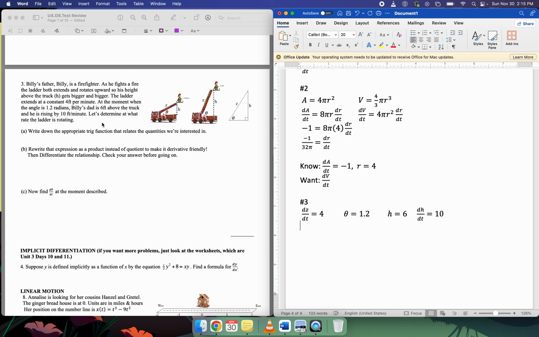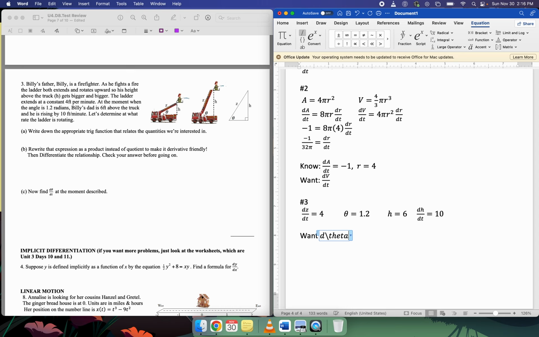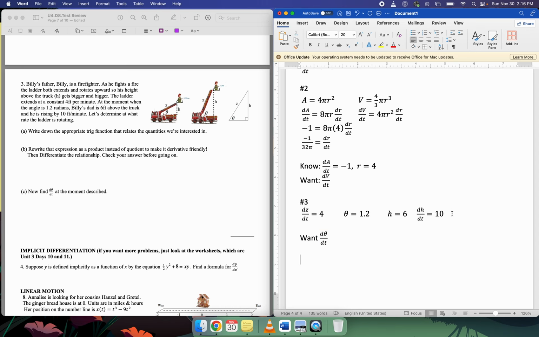Let's determine at what rate the ladder is rotating. So it sounds to me like we want d theta/dt. If we look at the quantities involved, we've got h, we've got z, and we've got theta. We need a trig equation which relates those three things, right? You might think, maybe it's the Pythagorean theorem, but no, because that wouldn't involve theta. Your equation needs to involve theta, so it's got to be some kind of trig function.